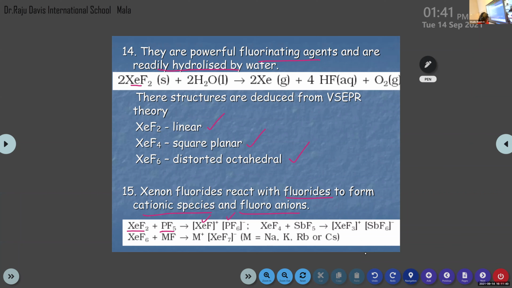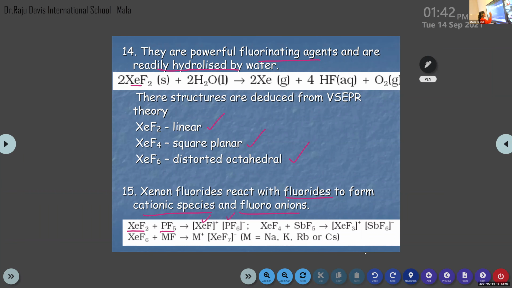Normally these xenon fluorides react with fluoride ion acceptors to form cationic species, and with fluoride ion donors to form fluoroanions.